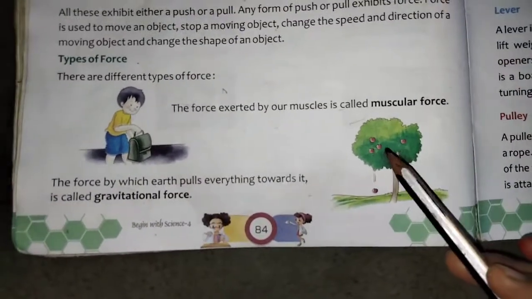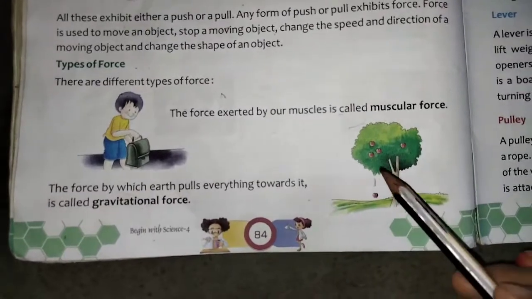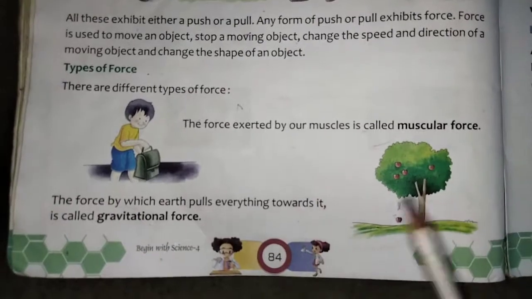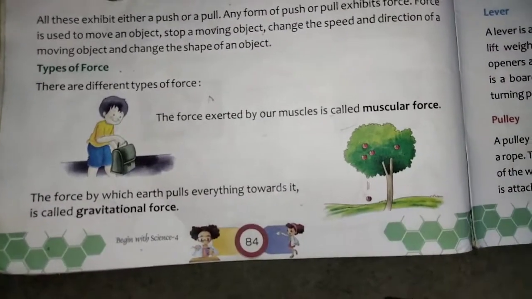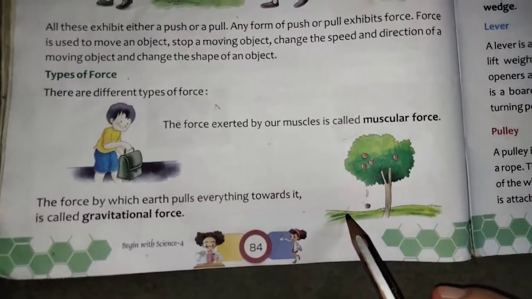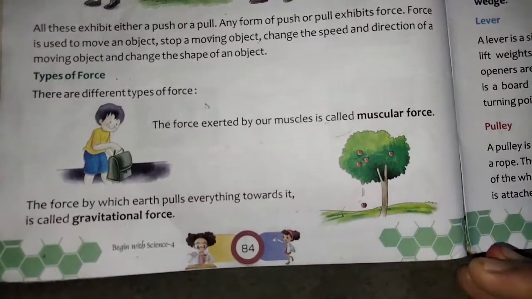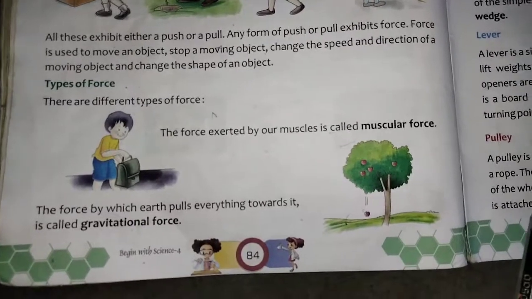From the tree, the apple is falling down. The apple will fall on the ground only. It will not stay in the air, otherwise it would go up. That is known as gravitational force, because the earth is pulling towards itself.